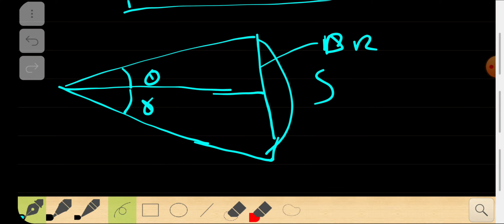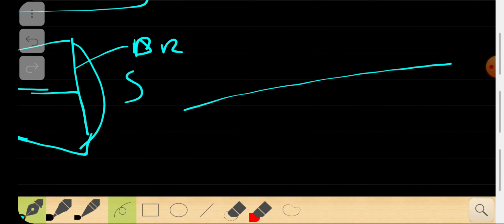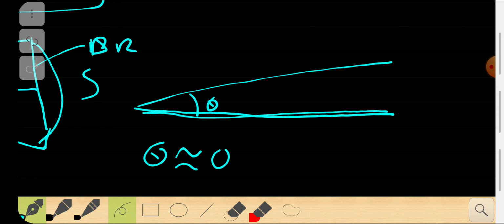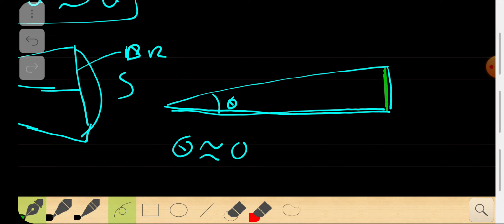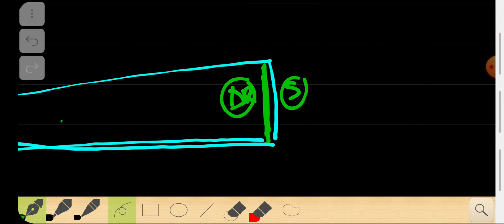If you take one triangle with a much smaller angle, theta approximately equal to 0, then the arc length will be much closer to delta r. So it will be the same for small angles.